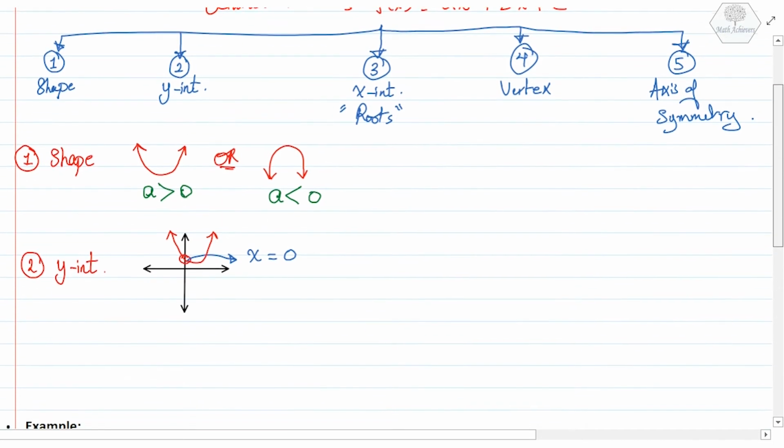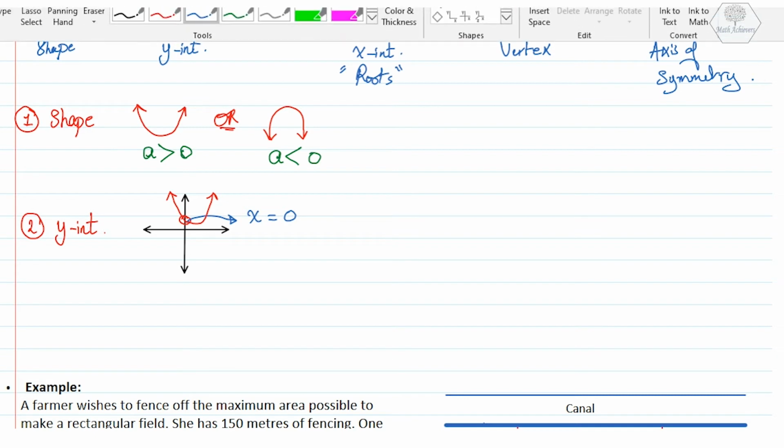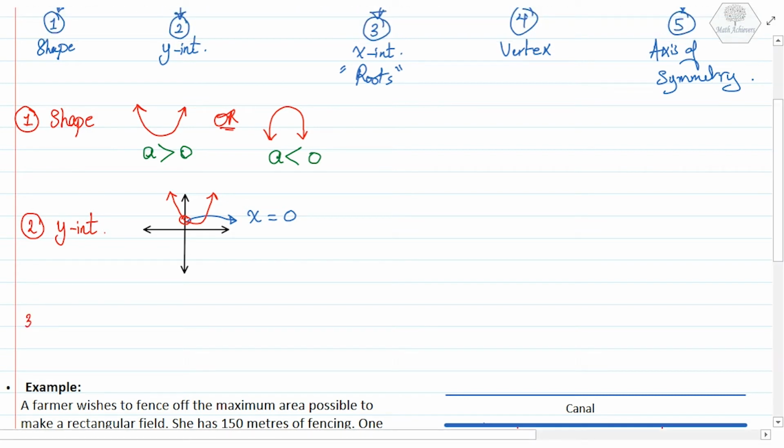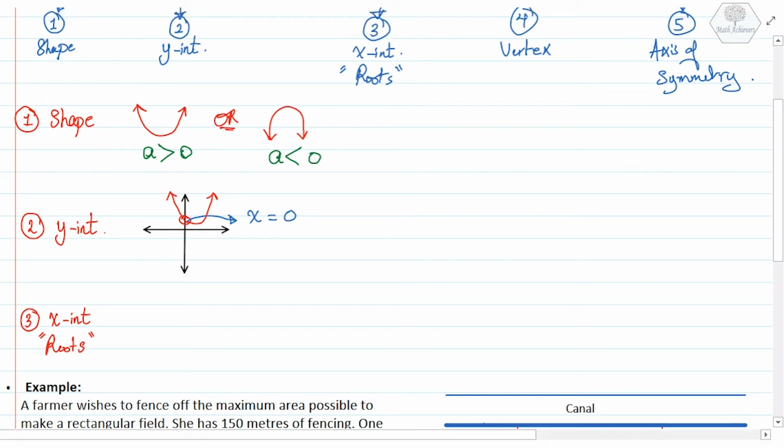The third point that we have to know is the x-intercepts or the roots. Or I can call them the roots. The roots of the curve are, this is my curve.